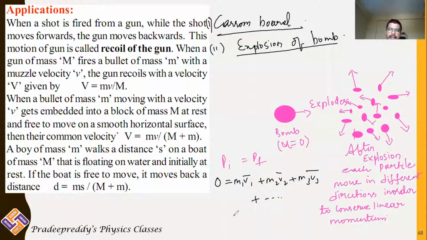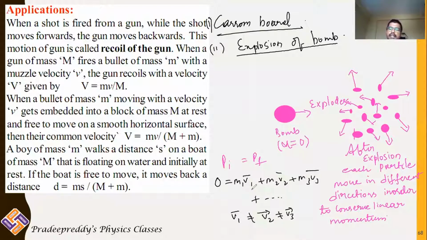Now clearly v1 bar is not equal to v2 bar, not equal to v3 bar, and so on, and their directions are also different. If one is positive, the other one may be negative. Like that, positive and negative values get cancelled, such that the final momentum also becomes 0.